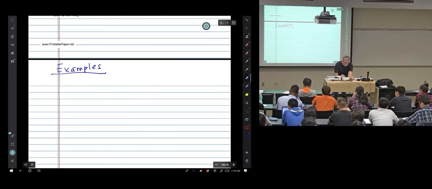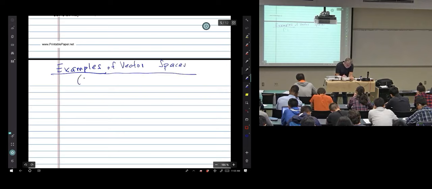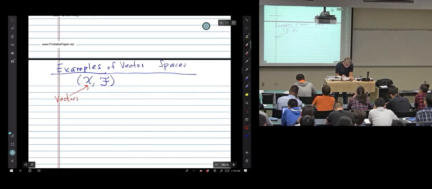Okay, so let's give examples of vector spaces. So I need the set of vectors and I need the field. These are vectors and this is the field.